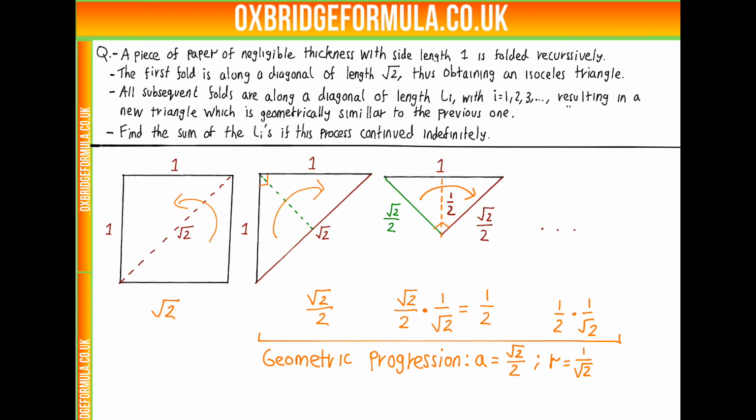Why isn't this part of the geometric progression? It makes sense that this jump would be different, because here we're folding from the square into the triangle, and here we're folding the triangle to a smaller copy of itself. So clearly the behaviour moving from this shape to this shape is different from the rest of the process, and it isn't a surprise that this doesn't fit the rest of the pattern.